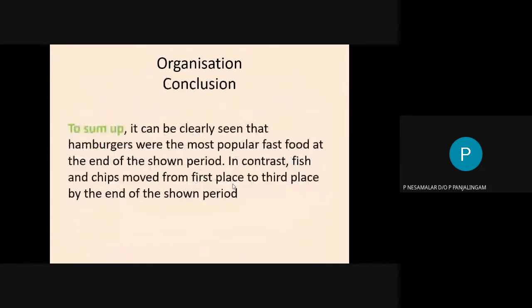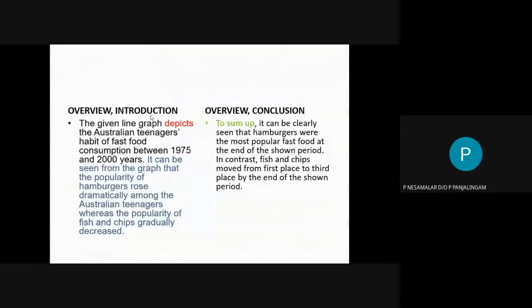The conclusion: two sentences. A general sentence to sum it up, and then an overview. Right? So here's a comparison side by side of the introduction and the conclusion. So here is the first sentence in the introduction, and here is the second sentence.